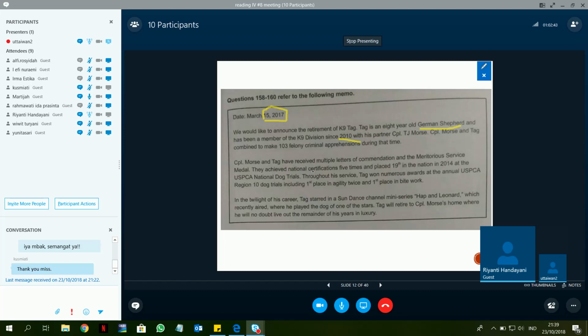CPL Morse and Tag have received multiple letters of commendation and the Meritorious Service Medal.